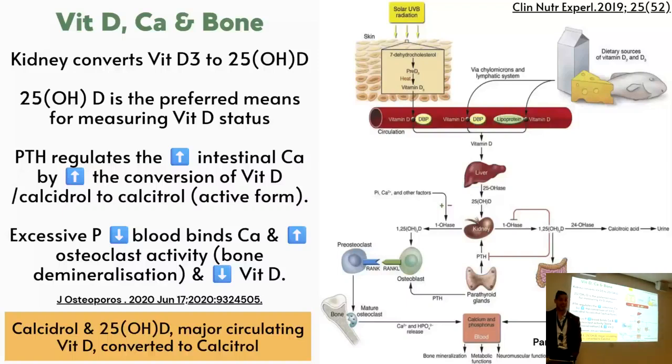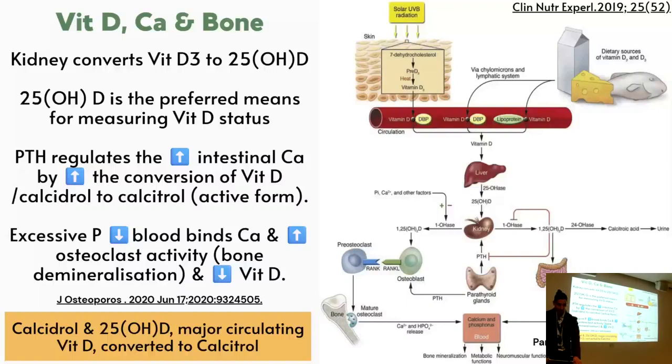Our body detects that. Thereafter that, our kidneys convert our vitamin D3 into its active form, calcitriol.